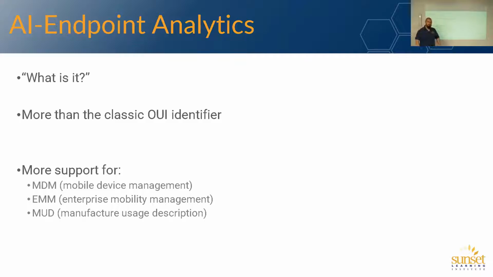Why is that so important? Why is that so critical? That's my what is it question there. What are those endpoints in your environment? When a device connects in, what do we see? MAC addressing, sure, IP addressing, and classically, we've had the OUI.